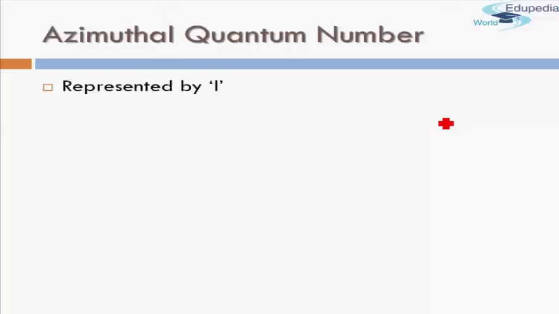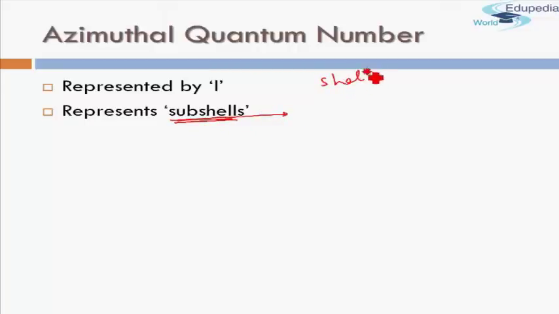So the azimuthal quantum number is represented by the letter l, and it represents subshells of the shell. That is to say, each shell has one or more subshells in it, and these subshells are represented by l, the azimuthal quantum number.